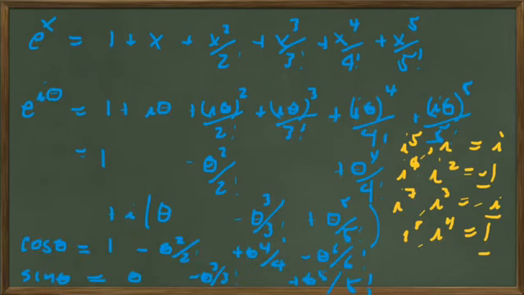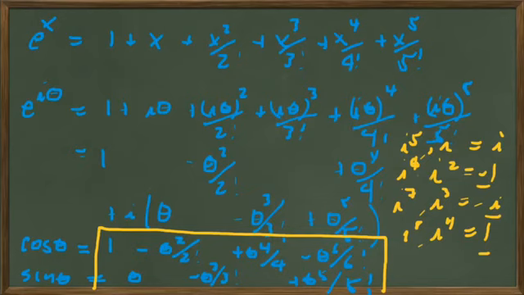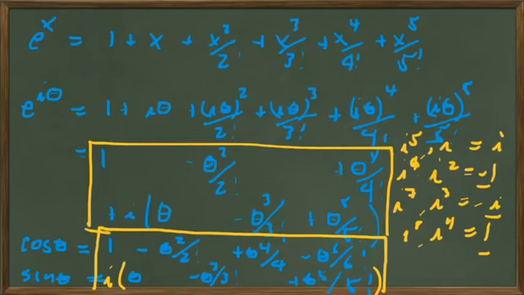So if we also expand cosine theta, which is an even series, we get 1 minus theta squared over 2 factorial plus theta to the fourth over 4 factorial minus theta to the sixth over 6 factorial, plus theta to the eighth over 8 factorial, etc. And sine theta, the odd series, has theta minus theta cubed over 3 factorial plus theta to the fifth over 5 factorial, etc. So you can see that if we combine cosine theta and i sine theta, that is, we multiply everything on the sine theta term by i, we have exactly the same thing as we got from e to the i theta.